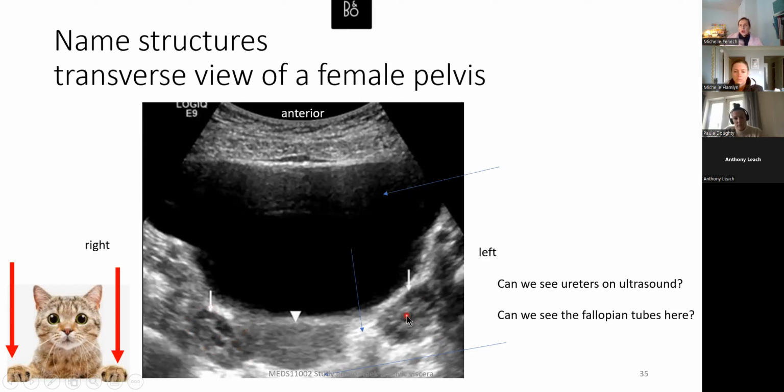Once someone's not ovulating, say they've gone through menopause, so they're post-menopausal, we shouldn't see too many follicles in their ovaries because they're not producing any eggs anymore. So their ovary would look a little bit different, you wouldn't see the dark spots in those, if that makes sense.